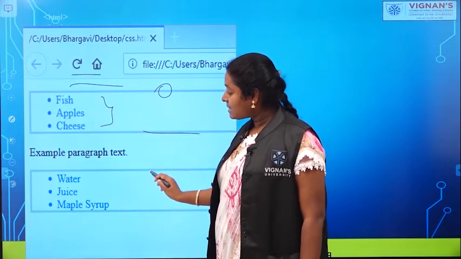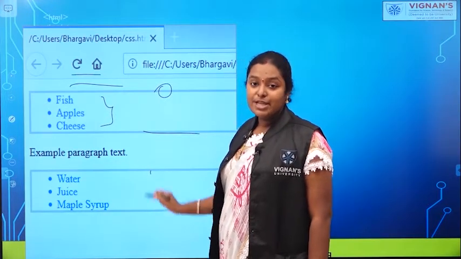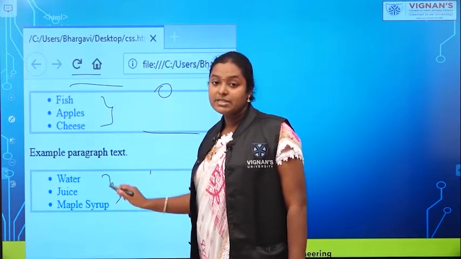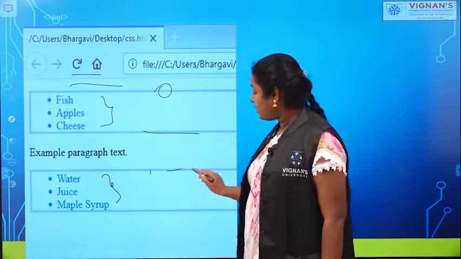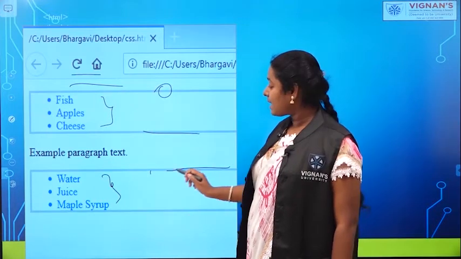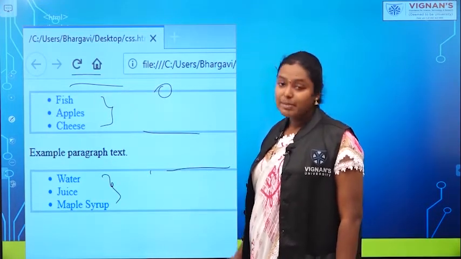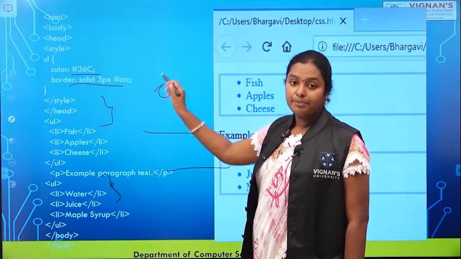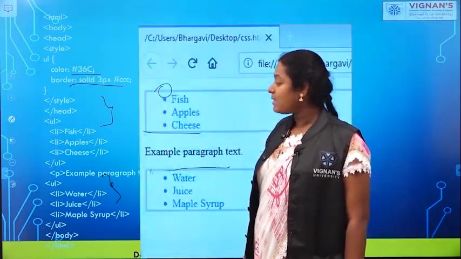And for the next UL tag also you are applying the same properties, that is it will get the elements in the blue color with a solid border, in the cement color, with a 3 pixel width. So this is the output for the corresponding program. So this is the example for the element selector.